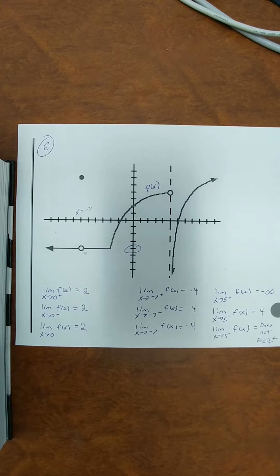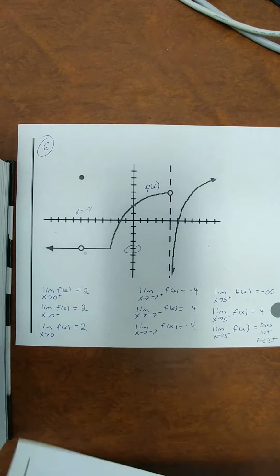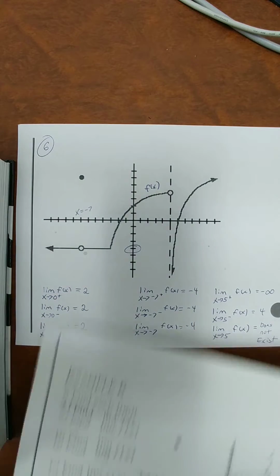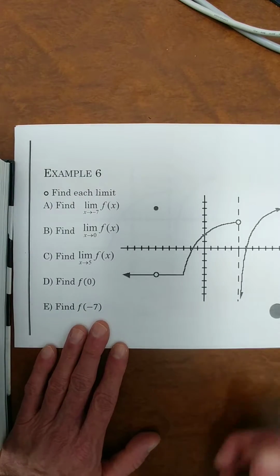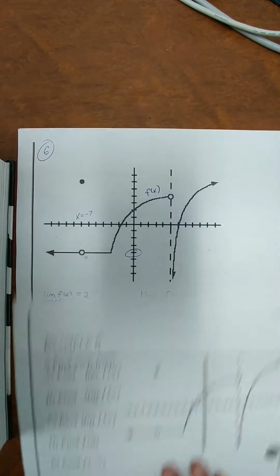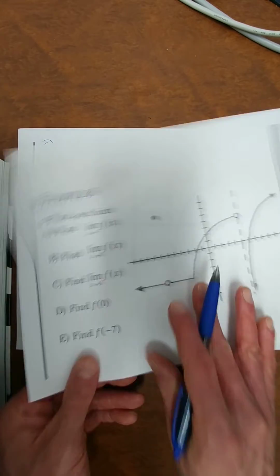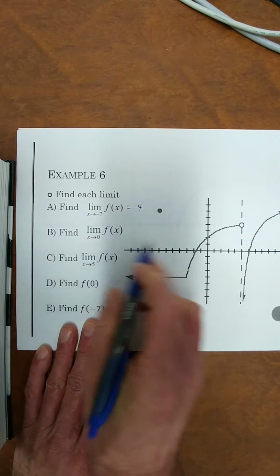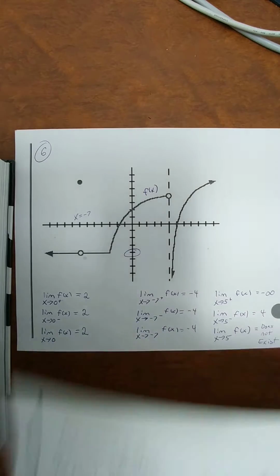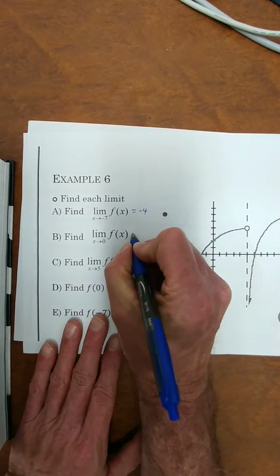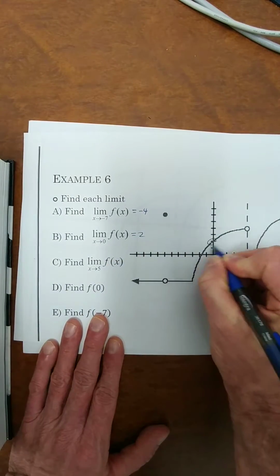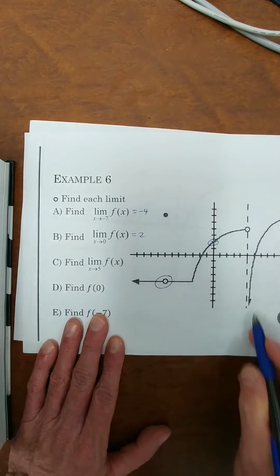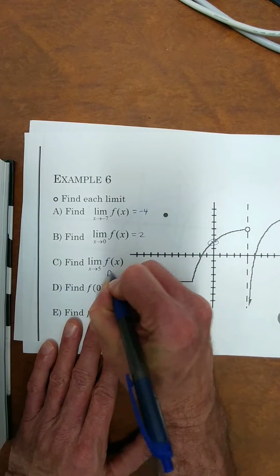So going back to example 6, now that we've done that, I'll give you a second if you want to copy that or pause. We can fill in the blanks. We discovered that at -7 it was -4, and I didn't go in the exact same order, but we can decipher which one we did. And at 0, the limit was 2. Recall here it was 2. Here it was -4, but here it didn't exist.